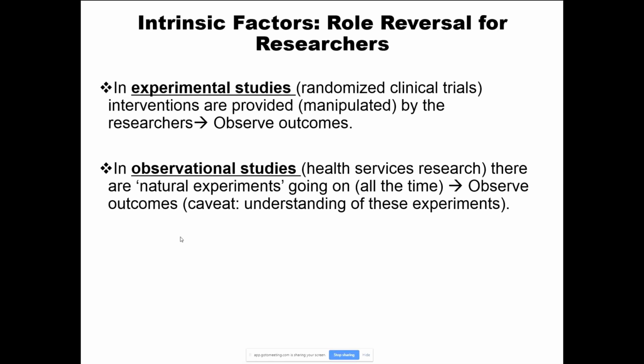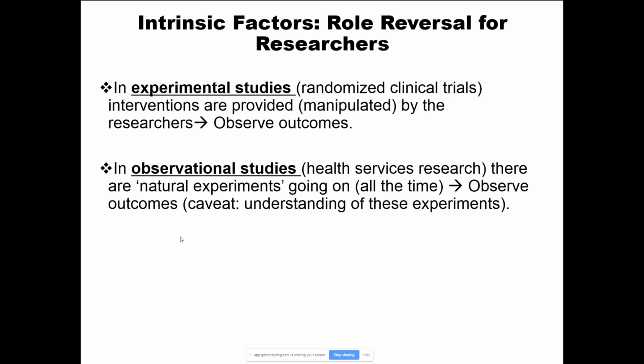In experimental studies, as researchers we manipulate the intervention, or randomly assign individuals, and then observe the outcome. In observational studies, there are a lot of natural experiments happening, whether policy related or reimbursement related, and as researchers we observe the effect or impact of those natural experiments and conduct our research.